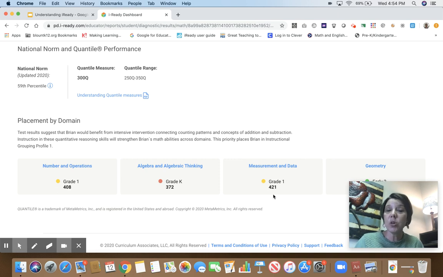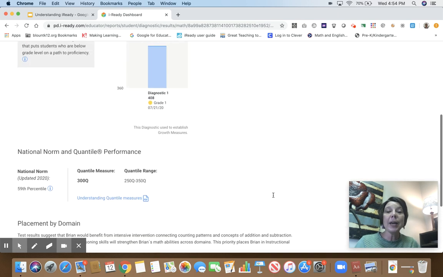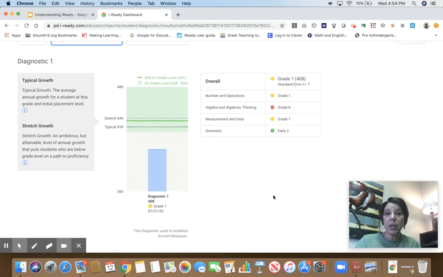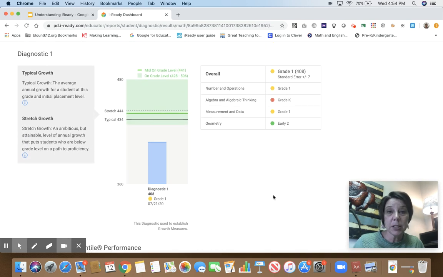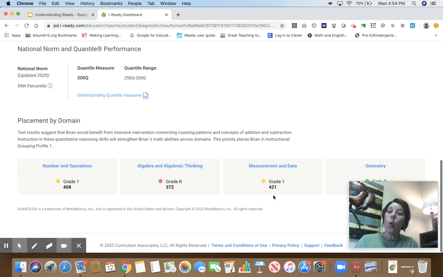Here comes that personalized instruction that we talked about, and why it is so important that your kids do their personal best and that they do this diagnostic by themselves. What happens is when they take their diagnostic and they get their scale scores, our iReady platform then takes the two lowest domains in both reading and in math.